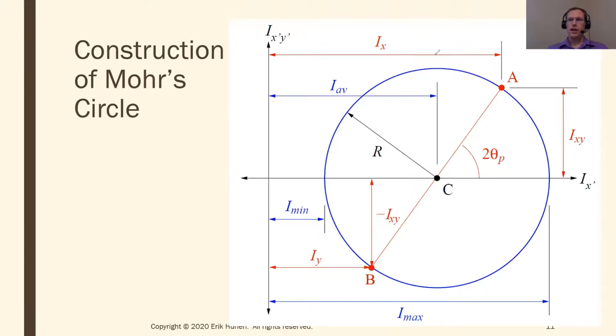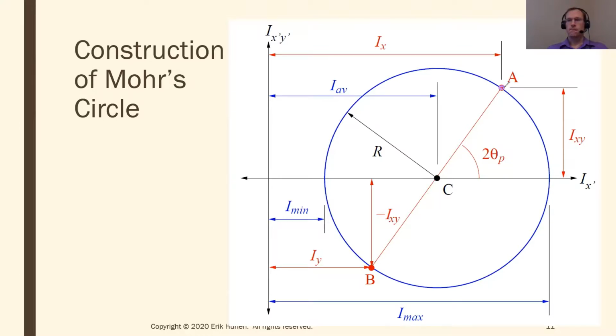Then to find point A, I plot a point whose x coordinate is my original Ix moment of inertia about the x-axis, and whose y value is the original product of inertia. It should lie on the circle if you did everything right.